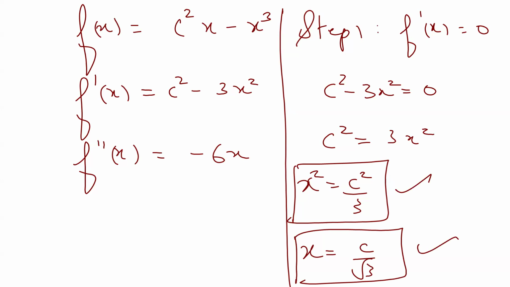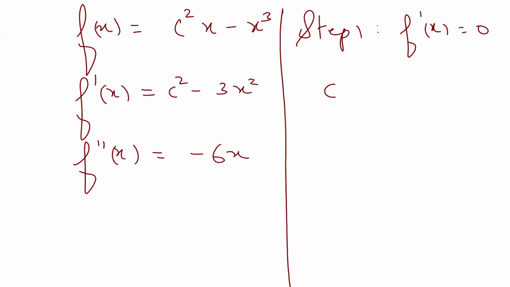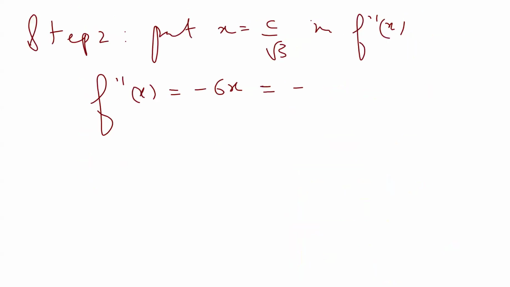Now we got the value of x. You are going to put this value of x in f double dash x. Put x is equal to c by root 3 in f double dash x. f double dash x is minus 6x, which we calculated previously, so minus 6 c by root 3.